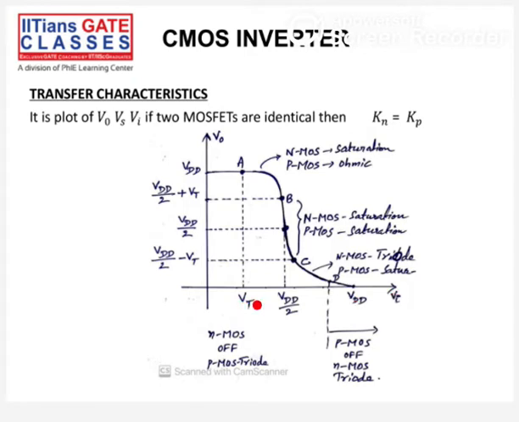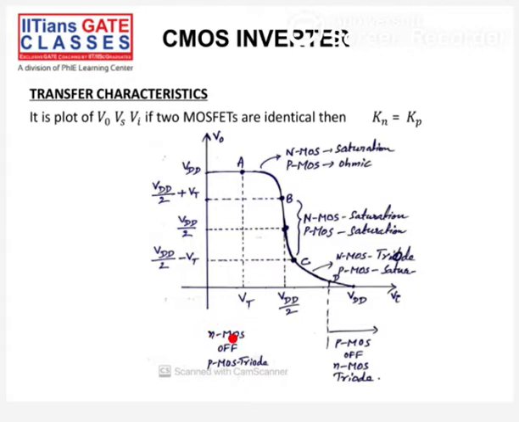Vi, we are starting from 0 and we are moving to VDD. Up to VDD we are applying. So in this case, we have NMOS that will be off. That I already told you in the first slide only. When Vi is 0, in that case the VGS for NMOS will be 0. So in that case, it is not crossing its threshold voltage.